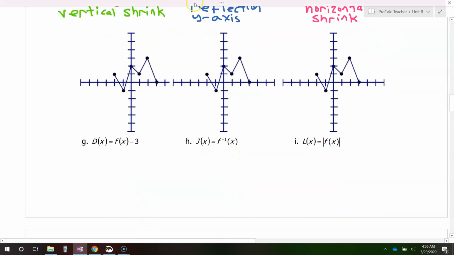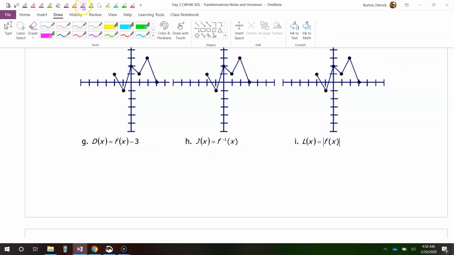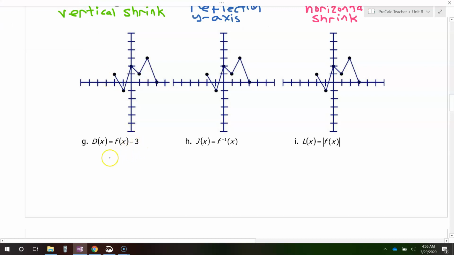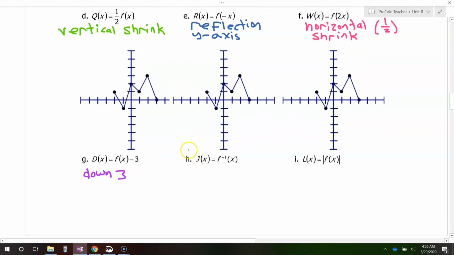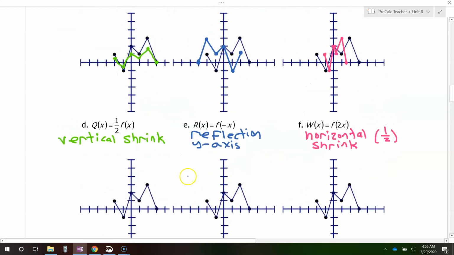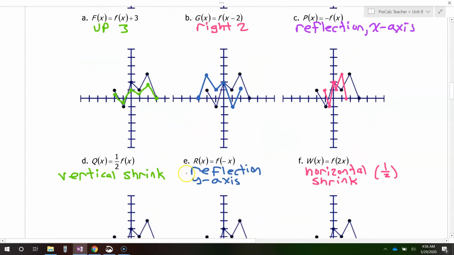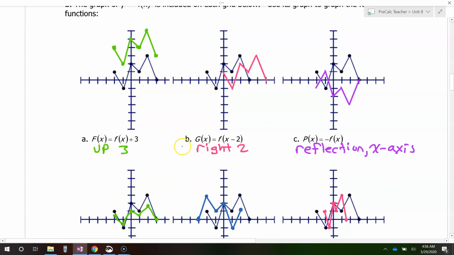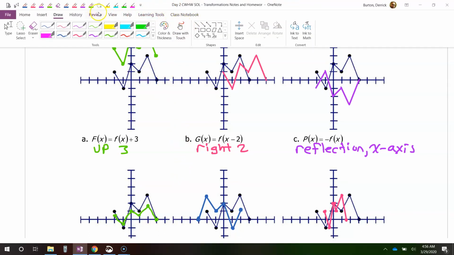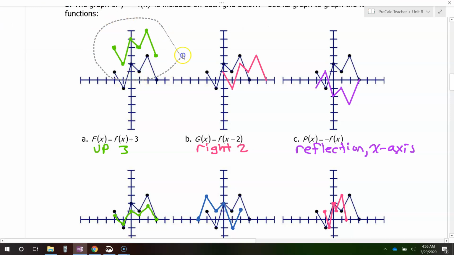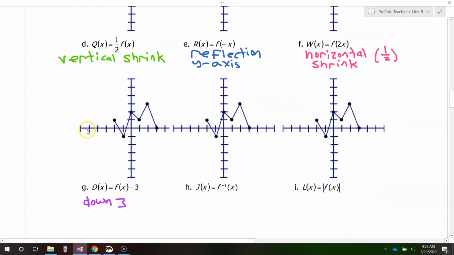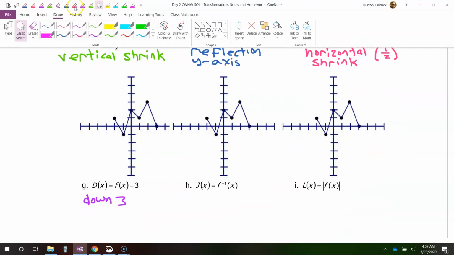Okay, this minus 3 on the end, that k value means that we're going to go down 3. I feel like I can use my cheat mode on that. So this needs to be down 3. I'm just going to copy this thing and see if I can cheat a little bit.